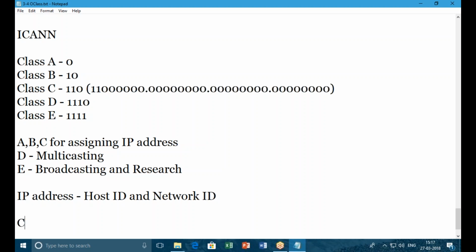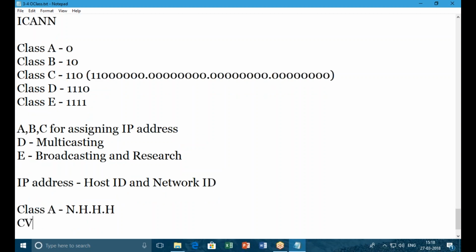For that, again, if it is a class A, take the first octet as network and the other 3 octets as host. Class B, take the first 2 octets as network and the other 2 octets as host.